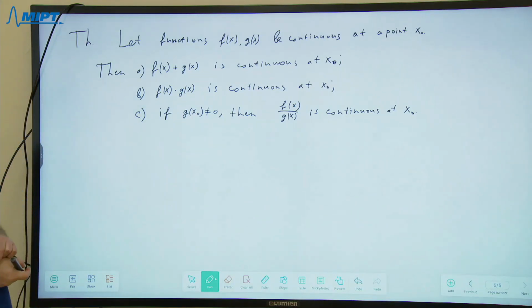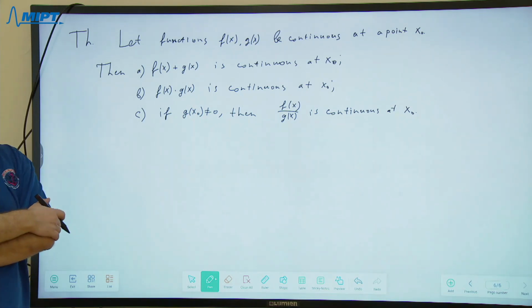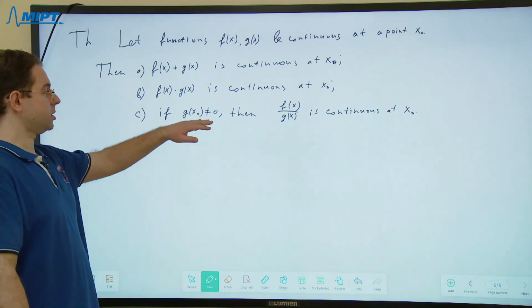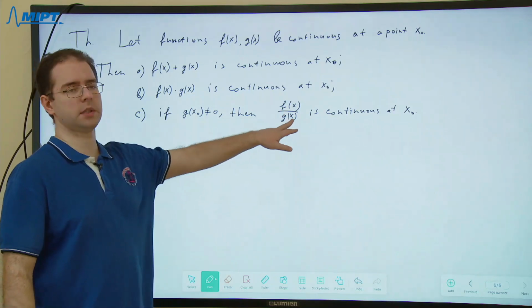So the sum, the product, and the quotient of continuous functions are continuous functions. This, of course, just to ensure that I do not have 0 in the denominator.